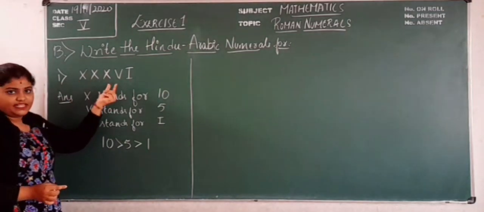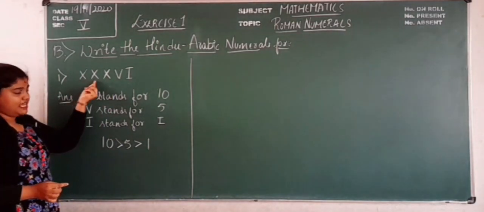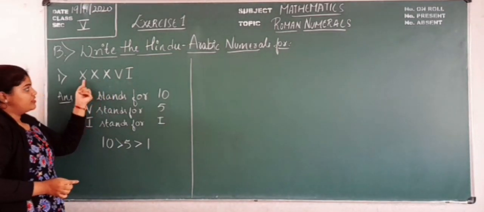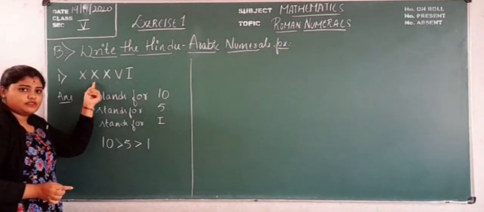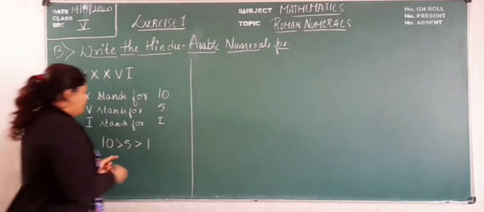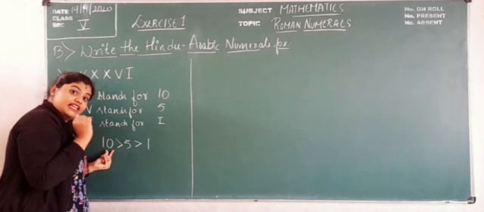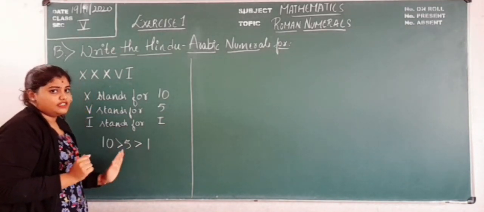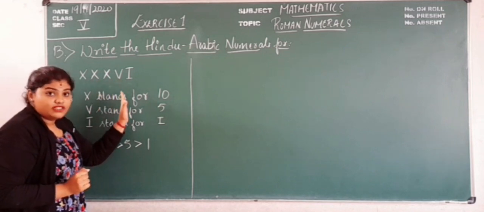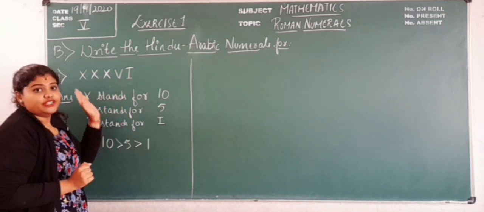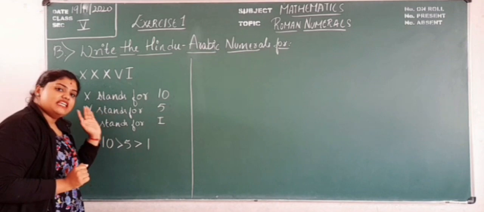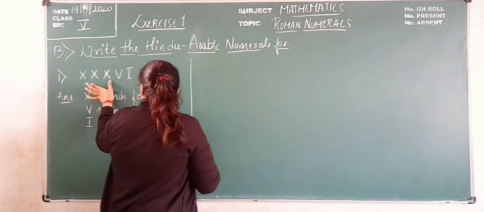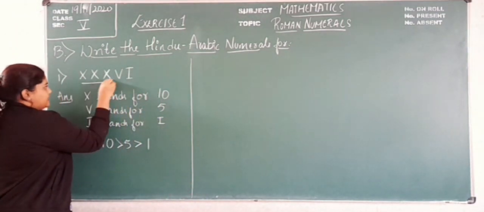So x is repeated 3 times. So x plus x plus x is 30. We also know the rule, that is when we write a smaller symbol after a greater value, it means addition. So first we should consider this XXX.